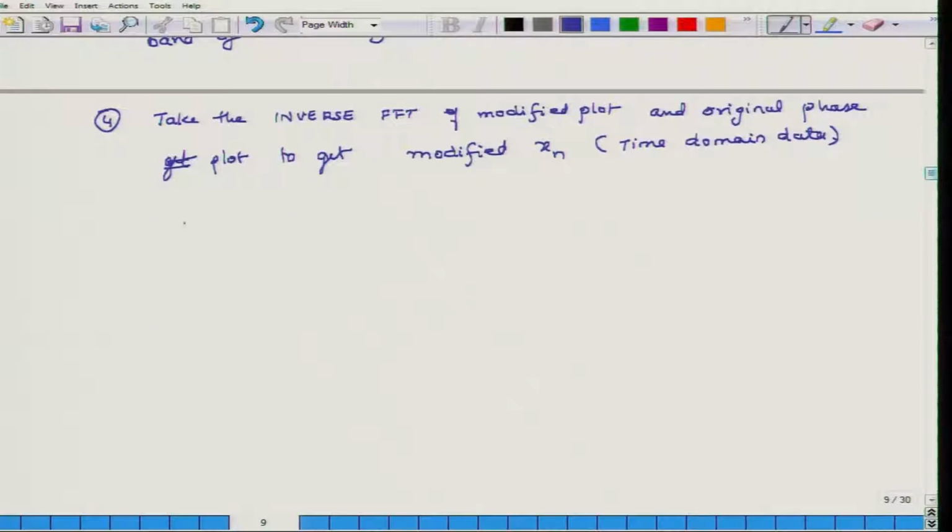So, how will my time domain data look like? So, this is my time, and this is a discrete plot. So, what will I get?